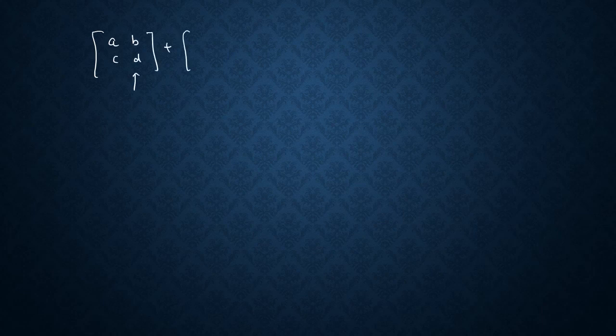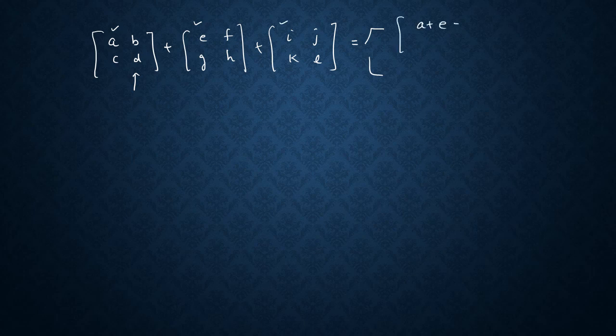Then we are adding it with E, F, G, H. And because in associativity we have three elements, we take another 2 by 2 matrix, I, J, K, L. Now if you add this up and change the order, you can write it as A plus E plus I, B plus F plus J, C plus G plus K, and D plus H plus L.